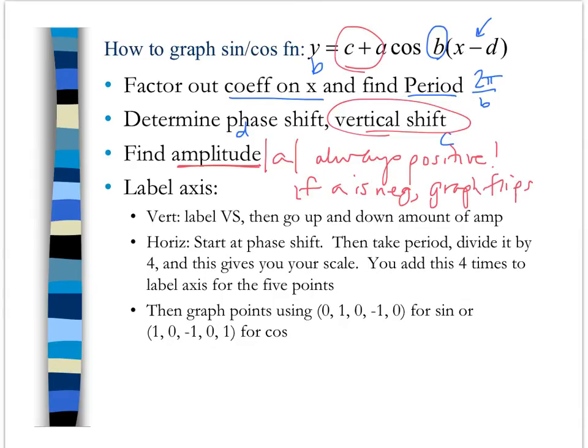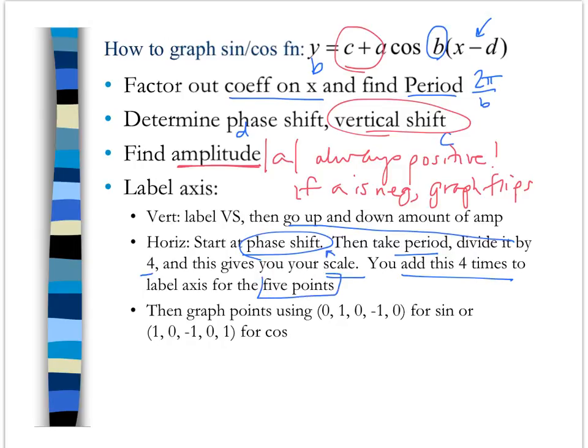It does a reflection. When we label our vertical axes, we are going to start with our vertical shift, and then from there, we will go up and down the amount of the amplitude. For our horizontal axes, we start at our phase shift, and then we take our period and divide it by 4, and this will give you your scale. You take this scale amount and you add it 4 times to the starting phase shift to label your axes.